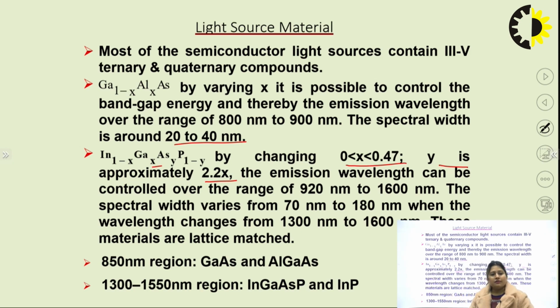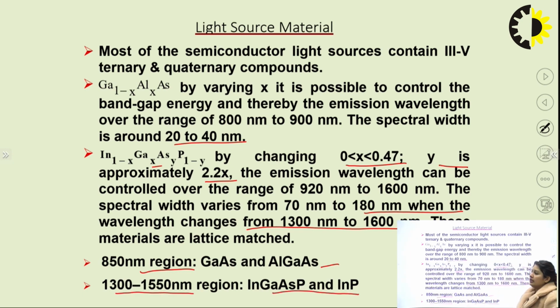The spectral width varies from 70 nanometer to 180 nanometer when the wavelength changes from 1300 nanometer to 1600 nanometer. So here the spectral width is much higher as compared to the ternary compounds. At the 850 nanometer region, we use gallium arsenide and aluminum gallium arsenide. Similarly, for the 1300 to 1550 nanometer region, we can use indium gallium arsenide phosphide and indium phosphide.